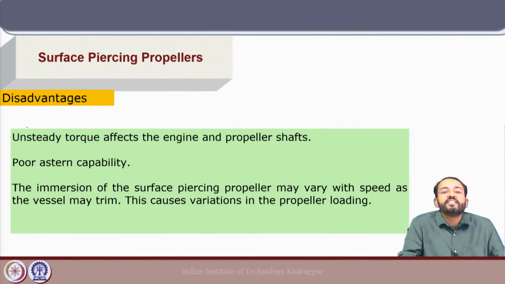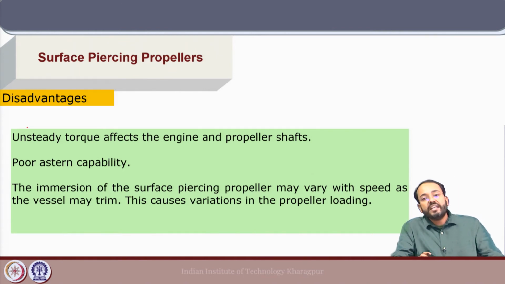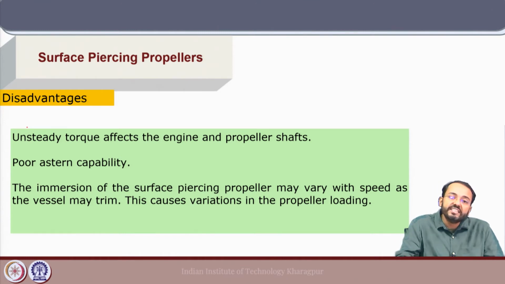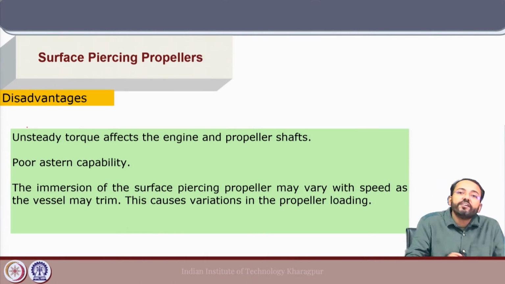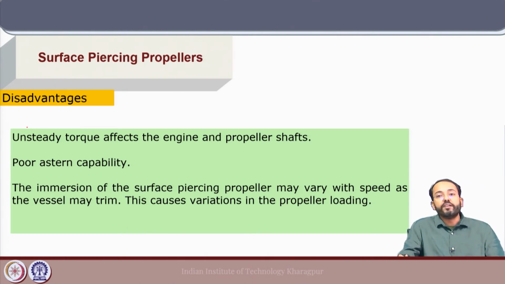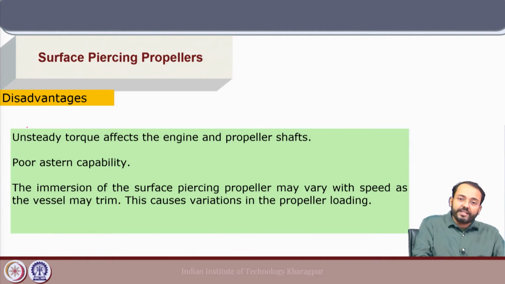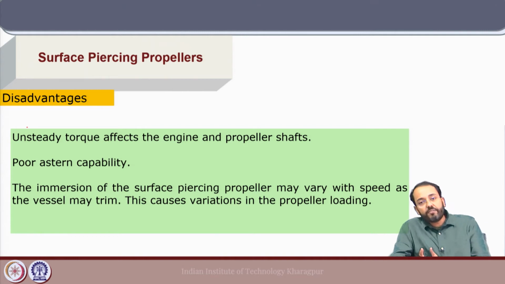The poor astern capability is an important factor for surface piercing propellers, because the blades are designed in such a way that the leading and trailing edges are very much different. The immersion of the surface piercing propeller will also vary with the vessel speed, and this is a very important factor for very high speed planing crafts.